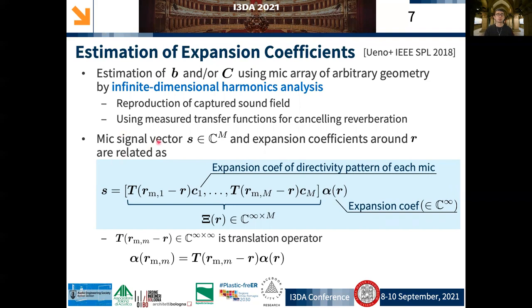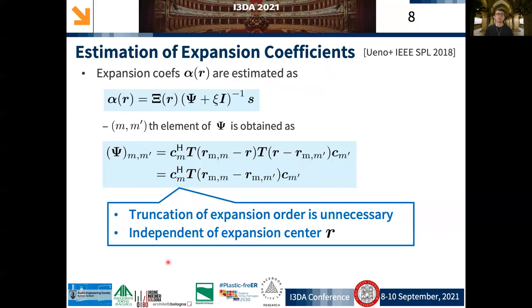First, the microphone signal S and expansion coefficients of the sound field around the position R, which is denoted by alpha R, are related by this matrix. Here, lowercase c is the expansion coefficients of the directivity pattern of each microphone. T is the translation operator that relates the expansion coefficients at two positions. As a result, the expansion coefficient alpha is estimated as this equation.